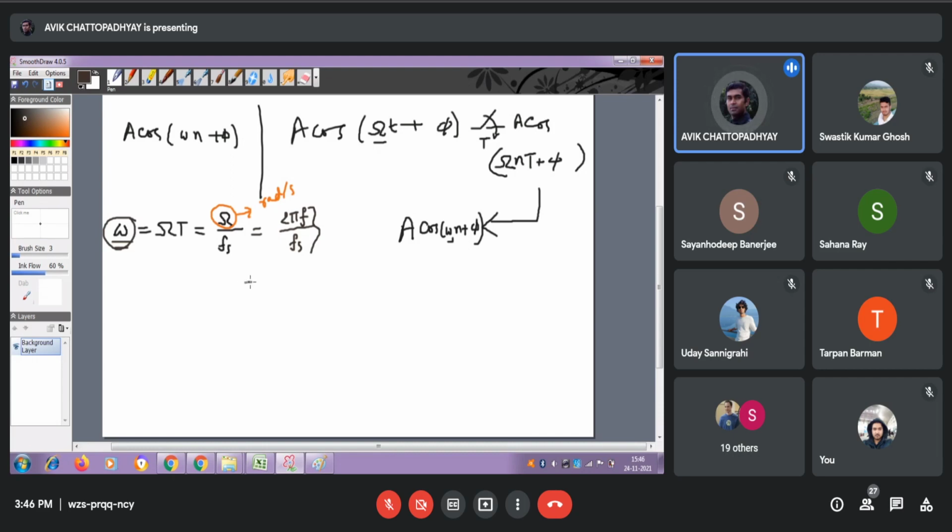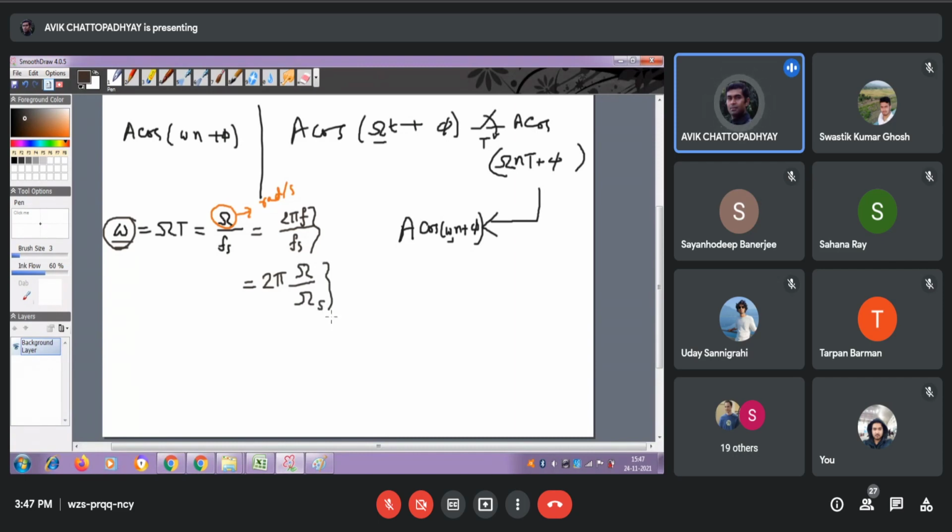Now people sometimes also write this, instead of going to the cycle frequency, in terms of the angular frequencies, the ratio of the two angular frequencies, same thing: 2 pi, then capital omega divided by, instead of fs, the sampling angular frequency. Same thing, giving the same information.